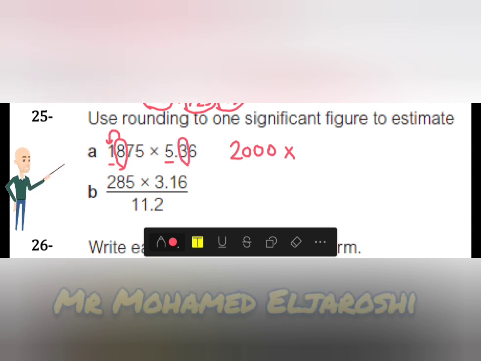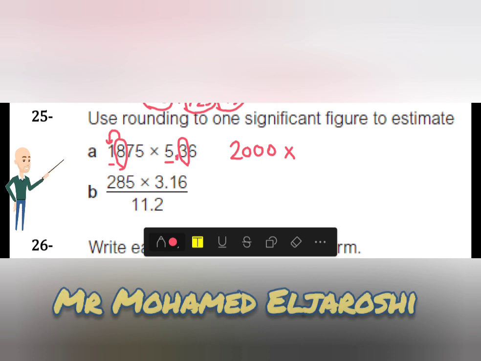The 3 is small, and this is a decimal point. So because the 3 is small, we put the 5 without adding anything, and the rest are zeros. So we don't have to put them here in decimal points. Now we just multiply 2,000 by 5 equals what? Very good, equals 10,000.